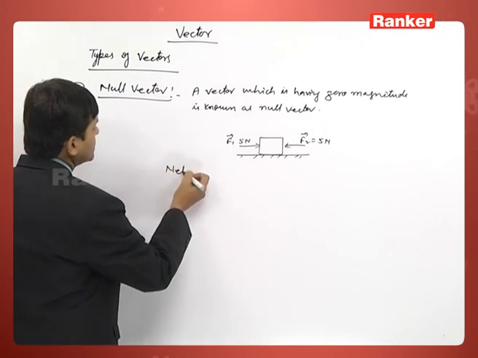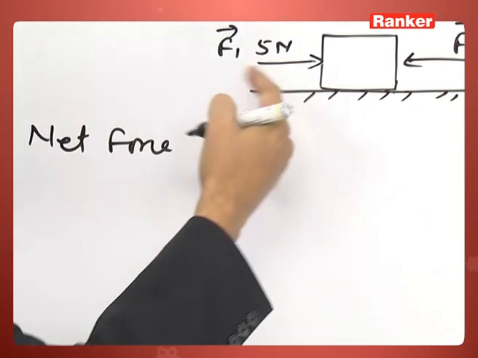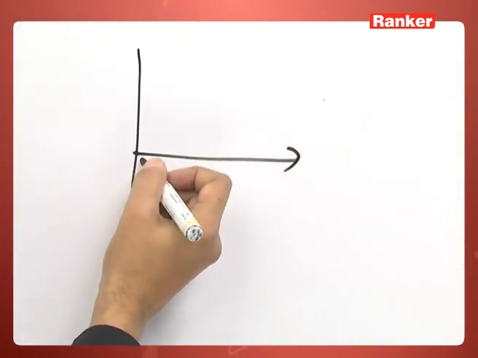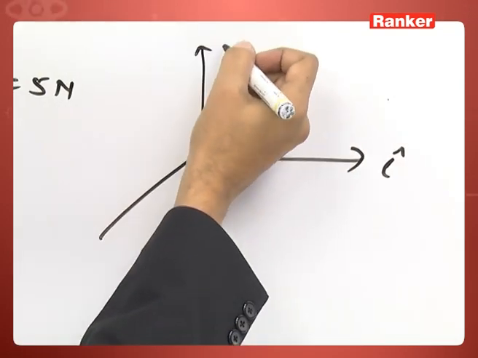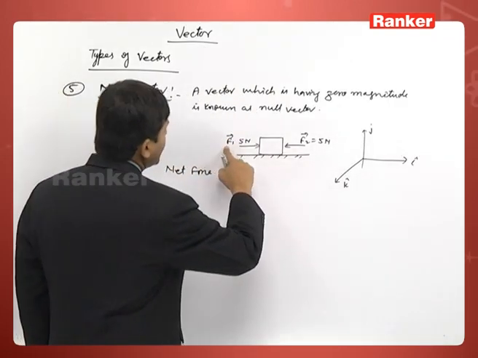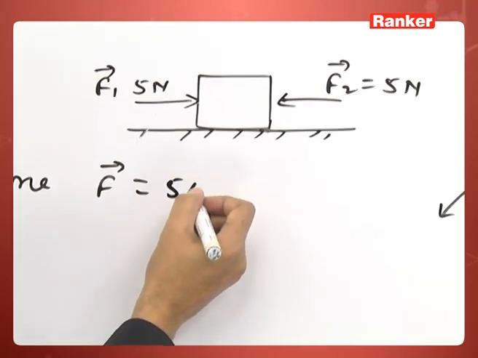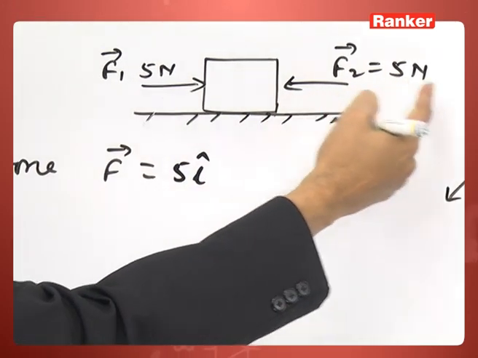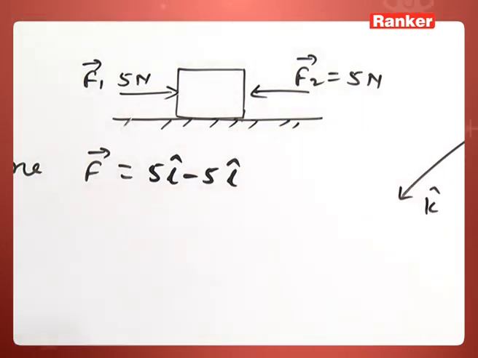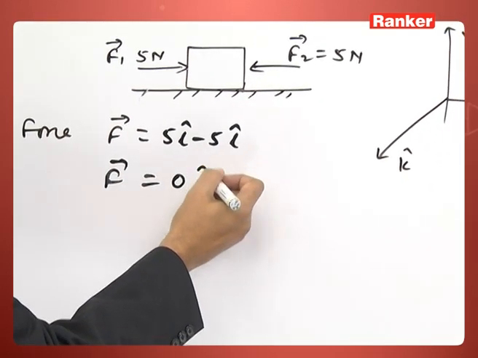If we represent the same thing in our coordinate system using i cap, j cap and k cap, we can write F1 is equal to 5 i cap, and F2 is 5 minus i cap, because the direction is reversed. So, F is equal to 0 i cap.